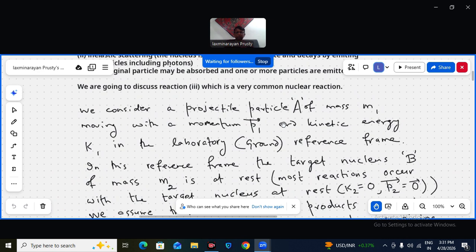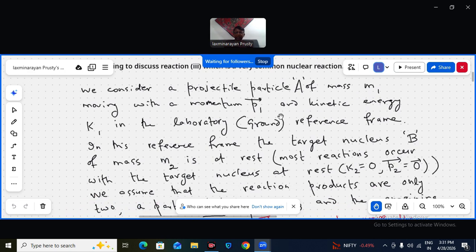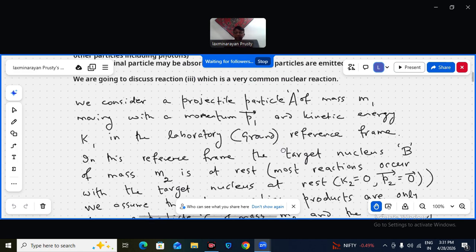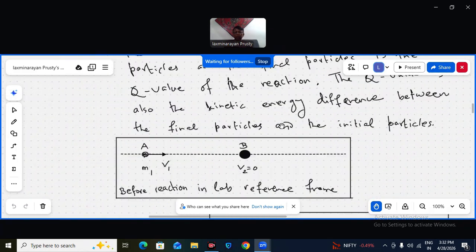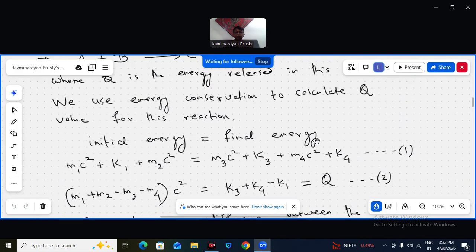We consider a particle A of mass M1, moving with momentum P1 bar and kinetic energy K1 in the laboratory reference frame, which means the ground reference frame.